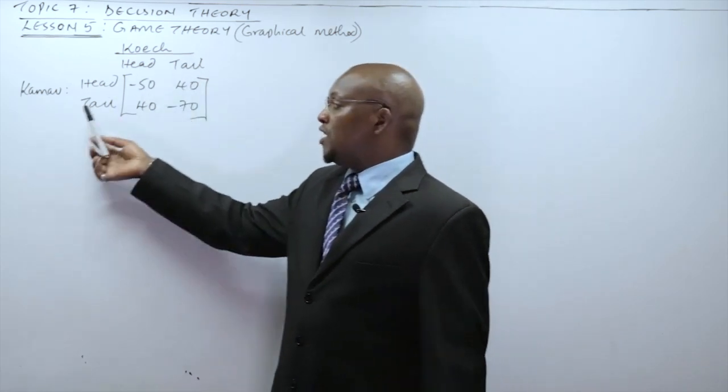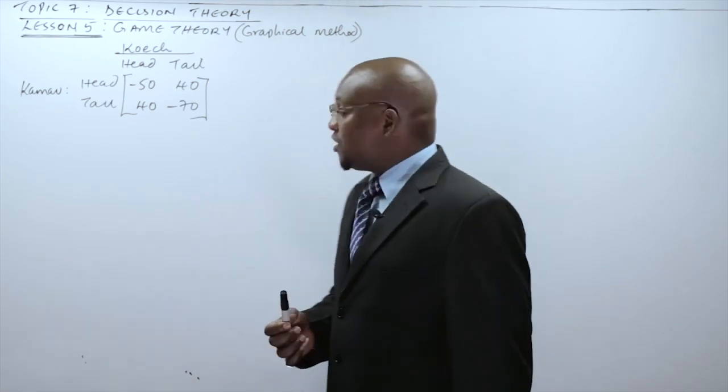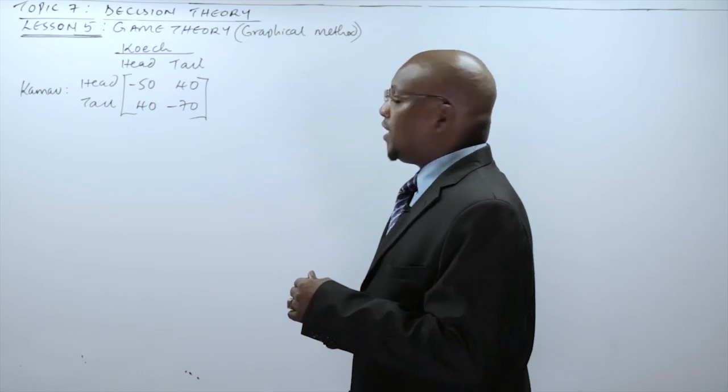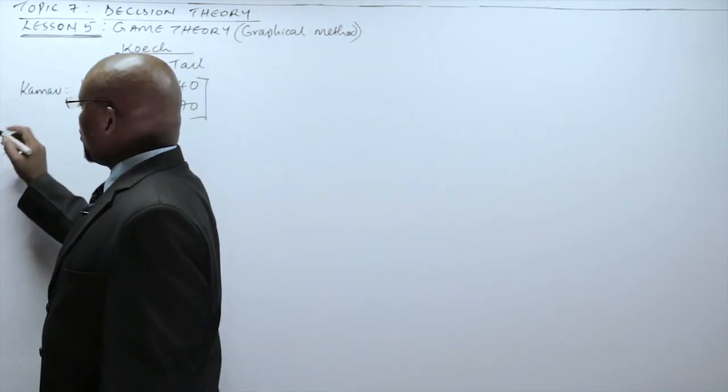So this is the same question, Kamau and Koech, with their respective strategies, which are head and tail. These were the payoffs. Now, when you are solving graphically, these are the procedures.